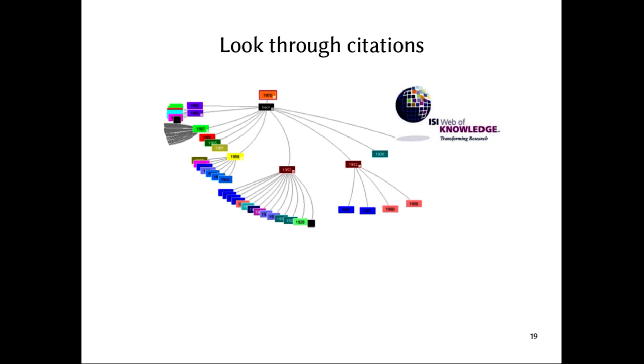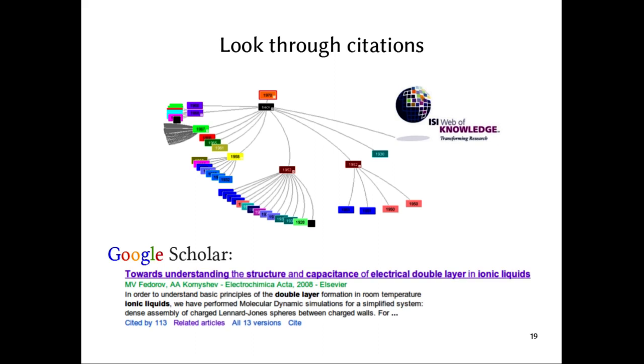It's a good idea to look through citations. That is a picture which is very old from the Web of Knowledge. So it shows you a graph relating one article which was probably published in 1970 and all other articles which are cited in this one. You can do a similar thing in Google Scholar in the following way.